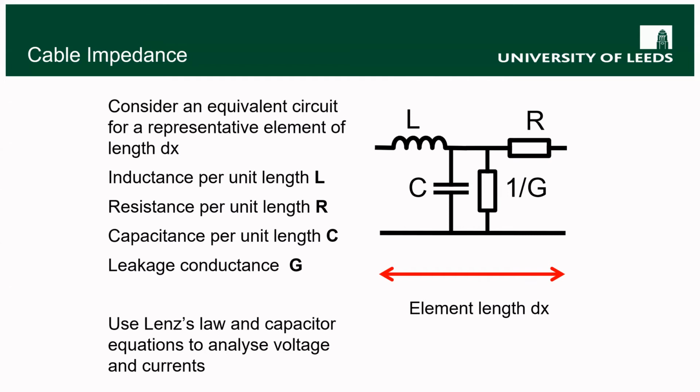So we can then think of what a representative section of a cable might look like. And so what you're going to end up with is an inductance per unit length. You're going to end up with some resistance in the cable per unit length.